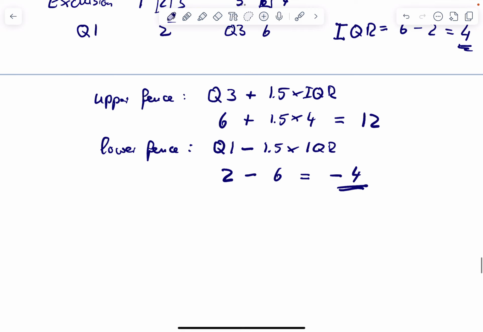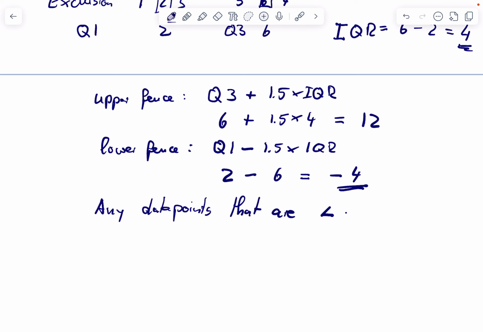So any data points that are smaller than negative 4 or larger than 12 would be considered outliers.